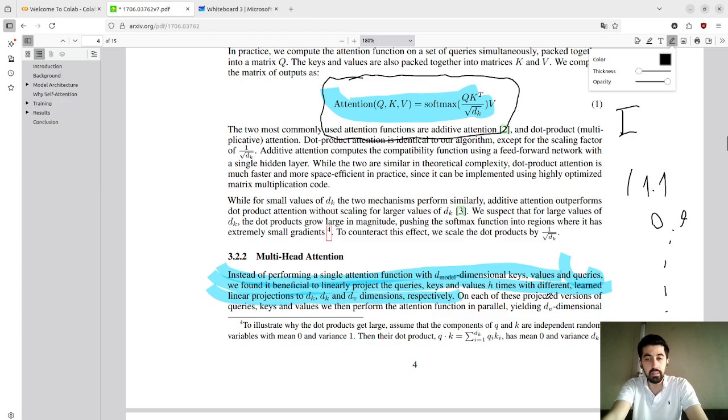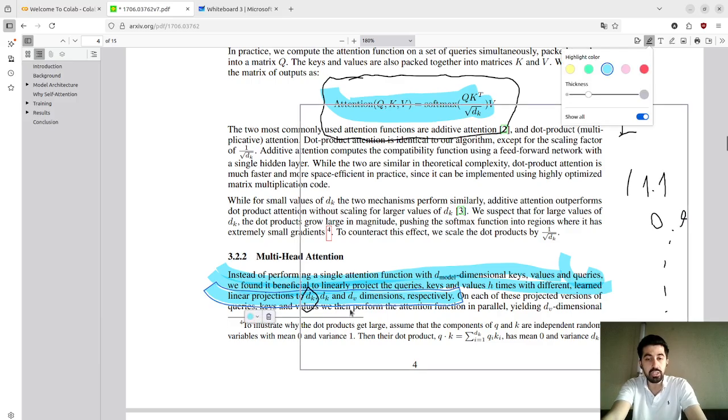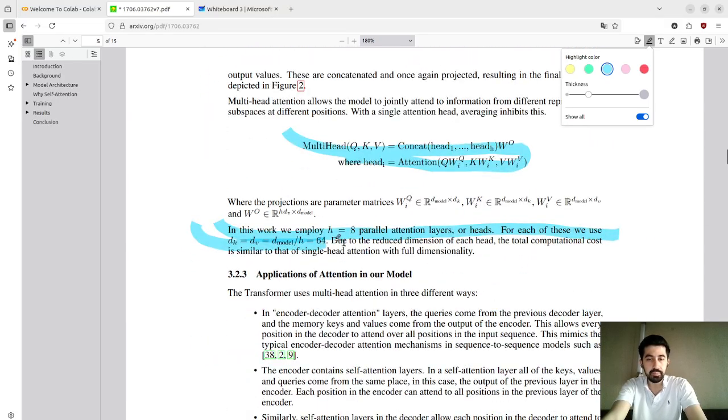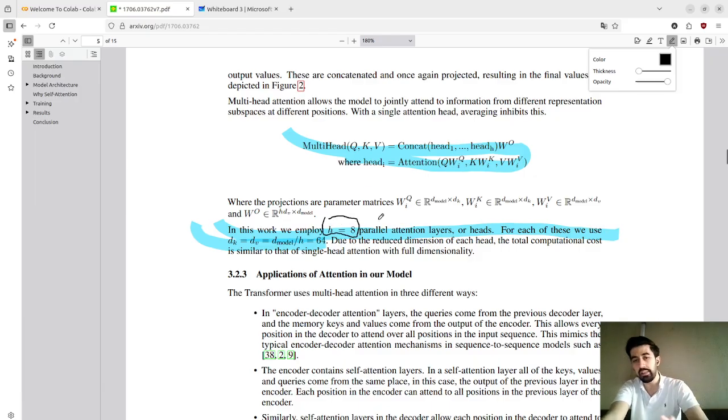Instead of using d model, they projected to dk and dv dimensions. So, for example, in their paper they say over here, we did h equal 8, so we did 8 different types of attention, 8 parallel attention layers. They went from 512 to 512 over 8, which is 64. So they went from 512 to 64.